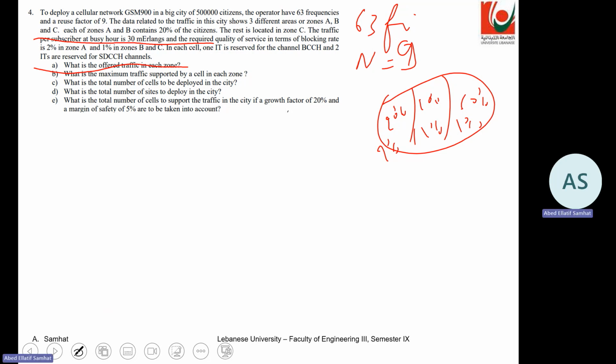So we have in each zone the number of users. Let's start with zone A. In zone A, the number of subscribers is equal to 20% of all subscribers, which is 0.2 times 500,000.